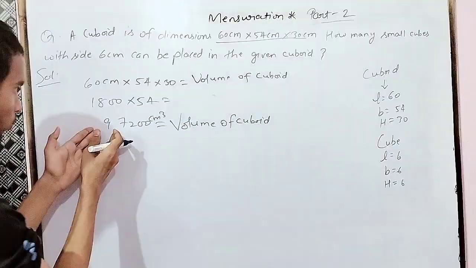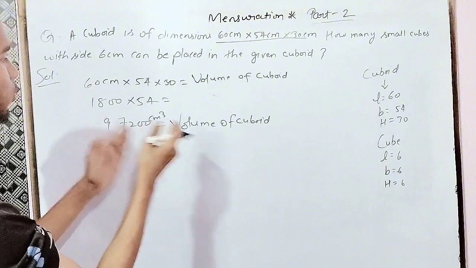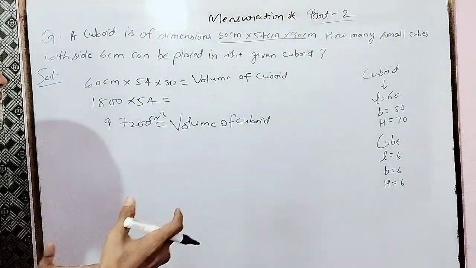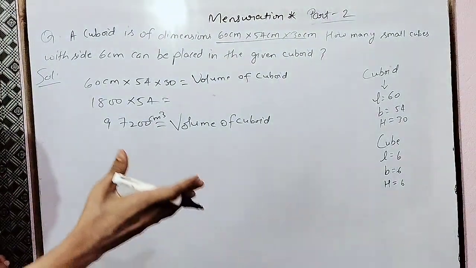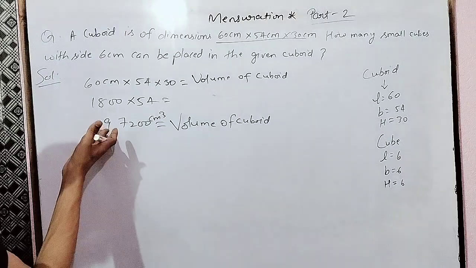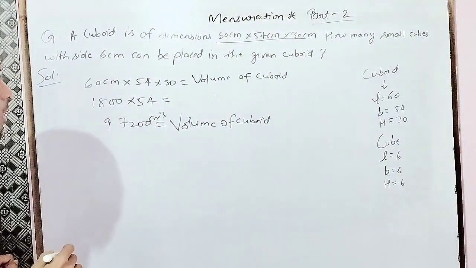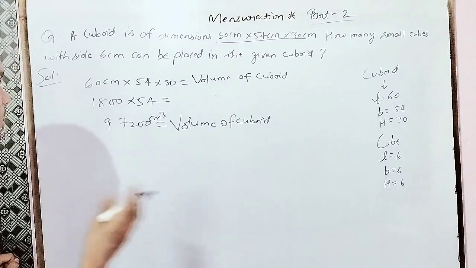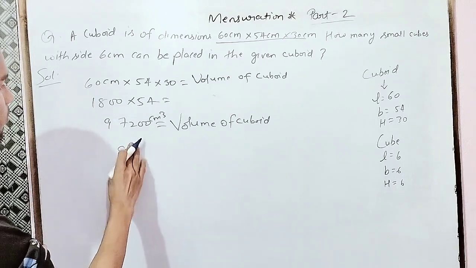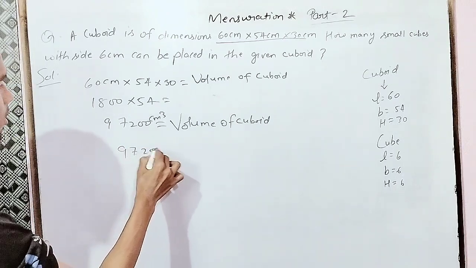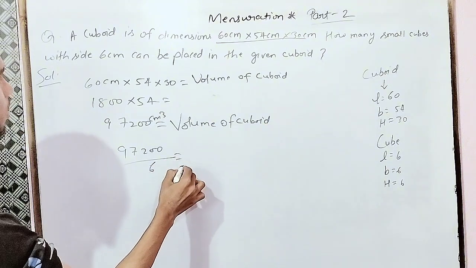Now, in a volume of 97,200 centimeter cube, how many small cubes can be placed? Just we will simplify it. 97,200 upon 6.